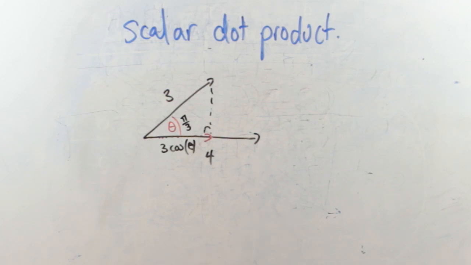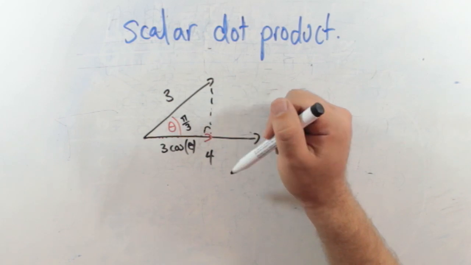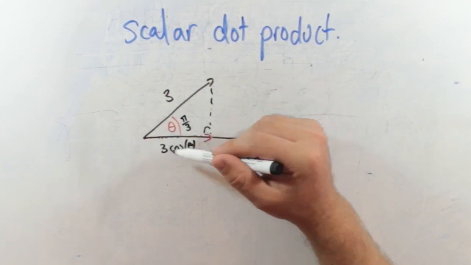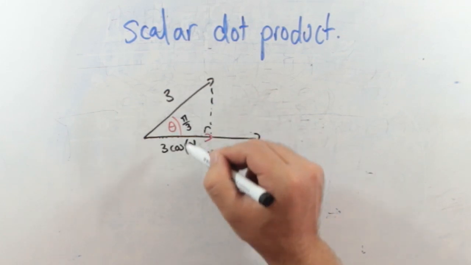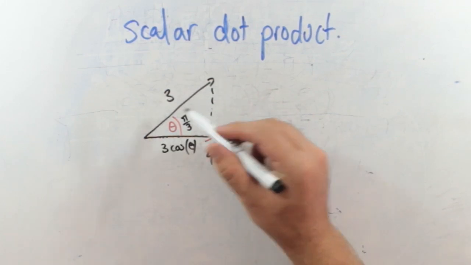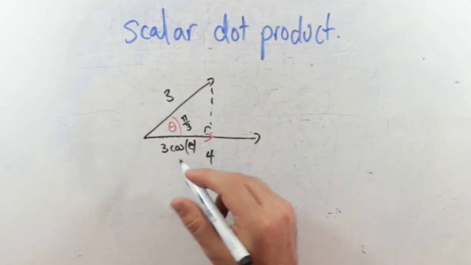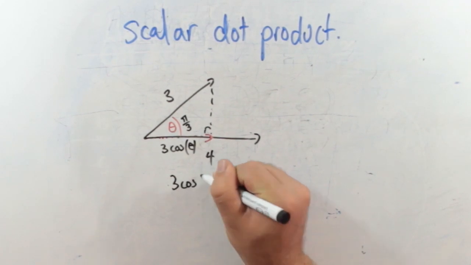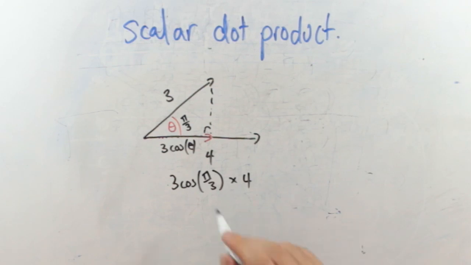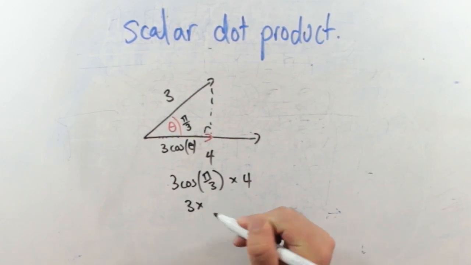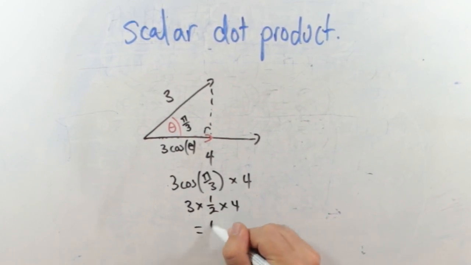Cos of pi on 3 is a half, cos of 60 degrees. So when we multiply these two together, the bit that's going in the same direction as this 4 vector is 3 cos pi on 3. So 3 cos pi on 3 times 4 is 3 times 1/2 times 4, which is 6.